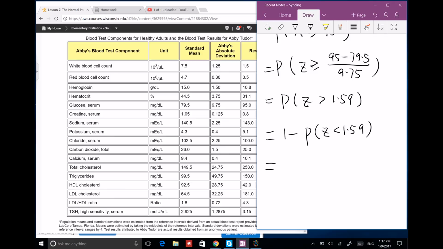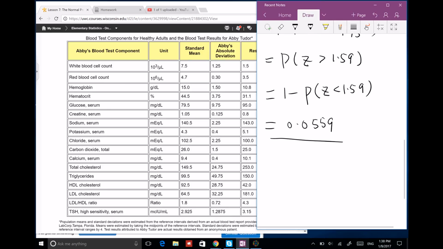For 1.59, the area above 1.59 is 0.0559.